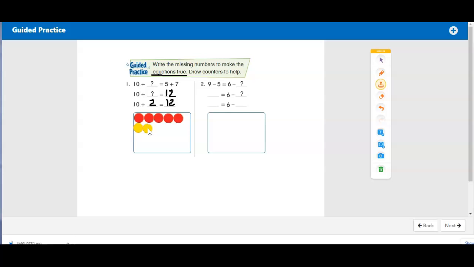Now add 7 yellow counters. I'm running out of a little bit of room, so I'm going to squish these counters a little bit. So now you have 5, and count on the 7 counters. 6, 7, 8, 9, 10, 11, 12.